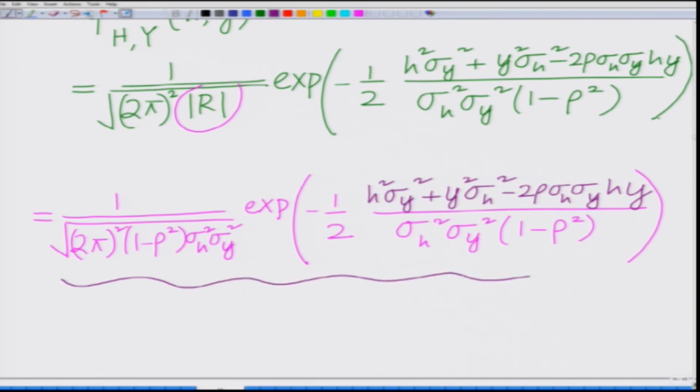And this is therefore the joint distribution. What is this? This is my joint Gaussian distribution of the parameter h and the observation y.